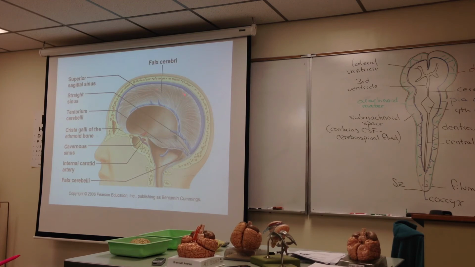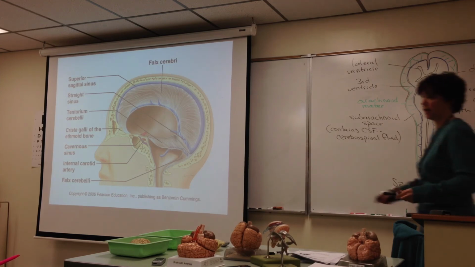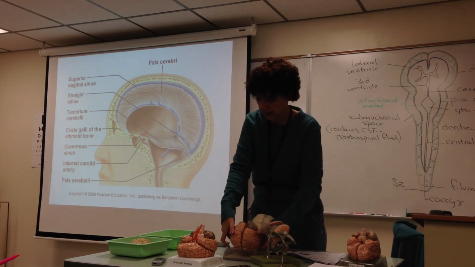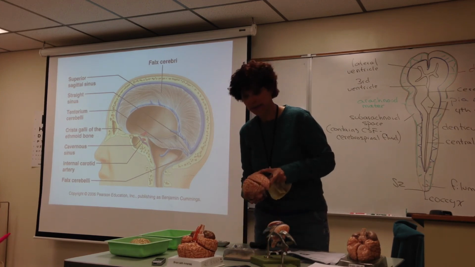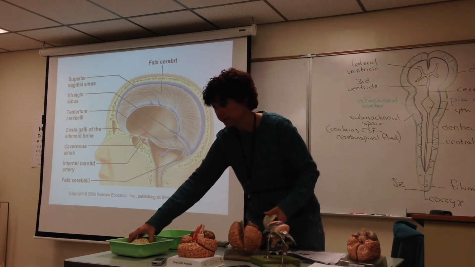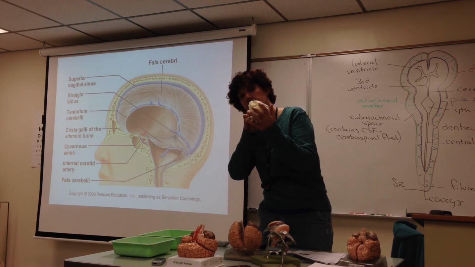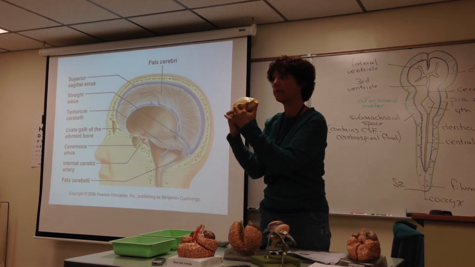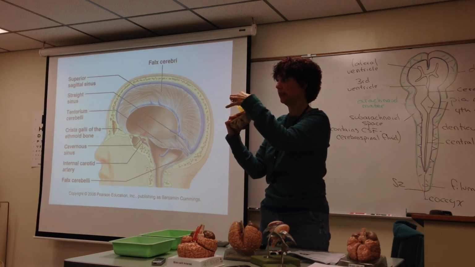So this is the falx cerebri. You'd have half the brain on one side and half the brain on the other. So if I were to take this structure here, it would fit like a skull cap, if you will, over the brain, and you would see the falx cerebri along the medial surface of the brain.